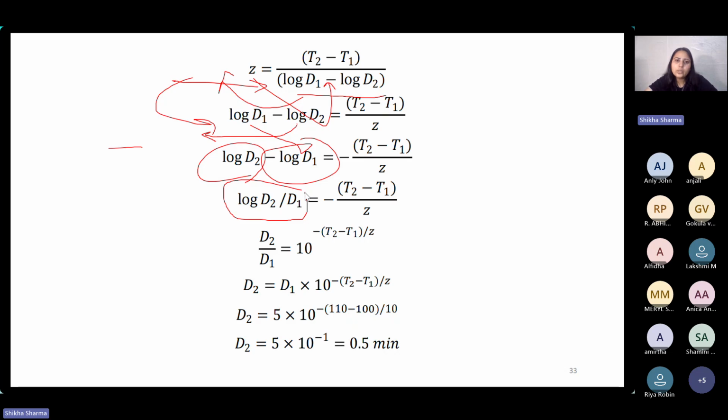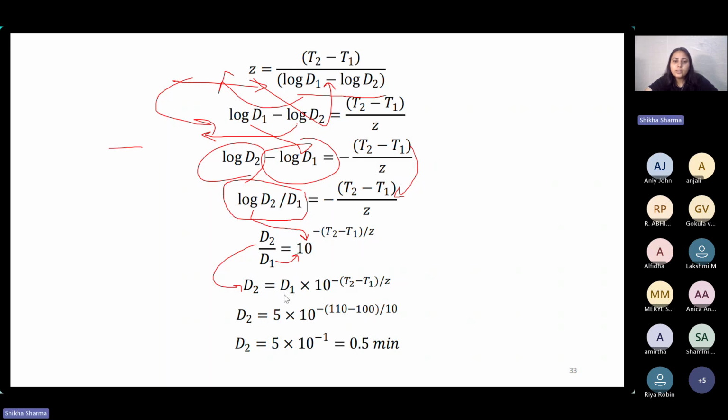So log D2 by D1 equals minus (T2 minus T1) by Z. Now I can take the antilog. So D2 by D1 equals 10 to the power minus (T2 minus T1) upon Z. So D1 goes to the other side and multiplies. So D2 equals D1 into 10 to the power minus (T2 minus T1) upon Z.